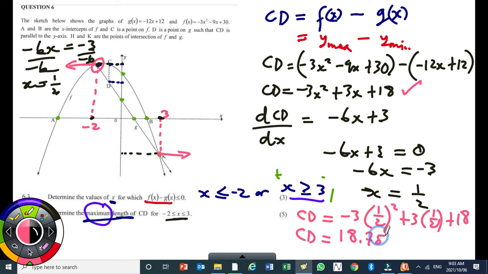So this will be the maximum length of CD. Following that, you have to be ready for a question like this as well. Total of 5 there. Is anybody else got any questions?